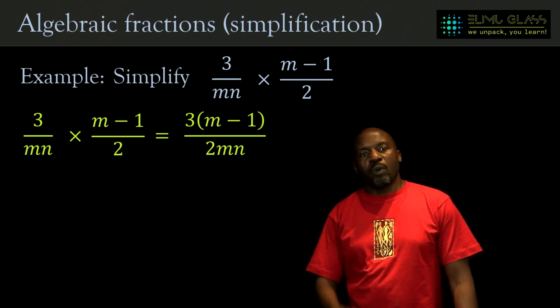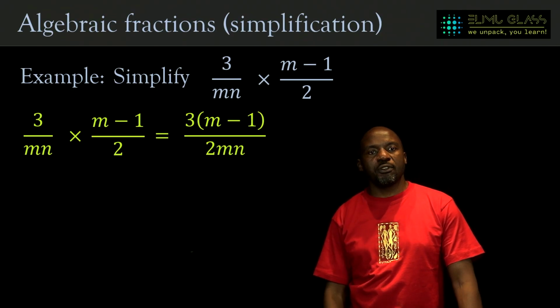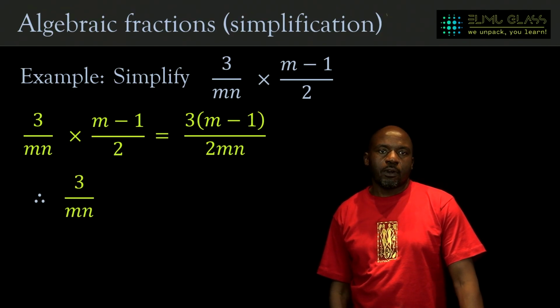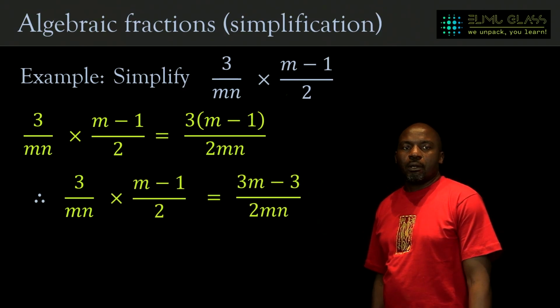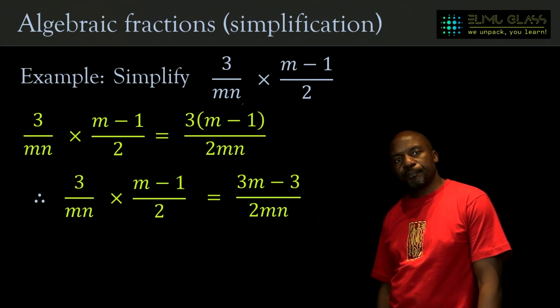Okay? We can leave our answer like that, and if you like, you can open the numerator and you have 3m minus 3. It doesn't really matter. This is already a good answer as it is. Okay, so that becomes the solution to the problem.